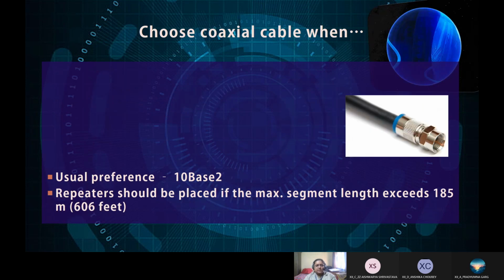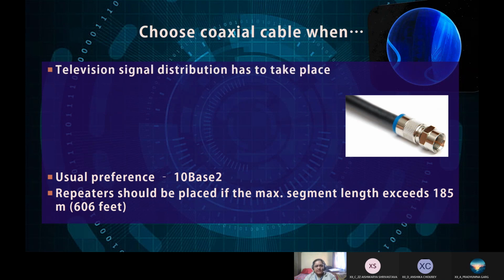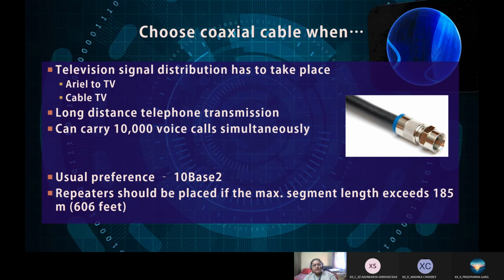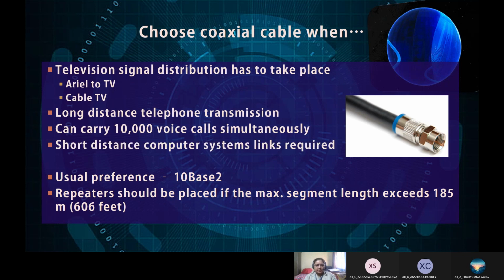Okay, next is use coaxial cable when television signal distribution has to take place, aerial to TV, cable TV, long distance telephone transmission, can carry 10,000 voice calls simultaneously, short distance computer systems link required, LAN formed among some computers.